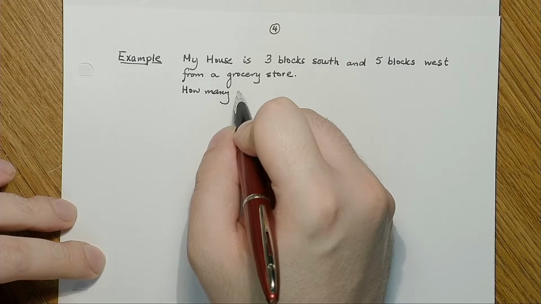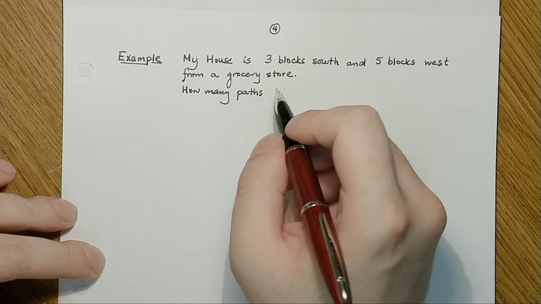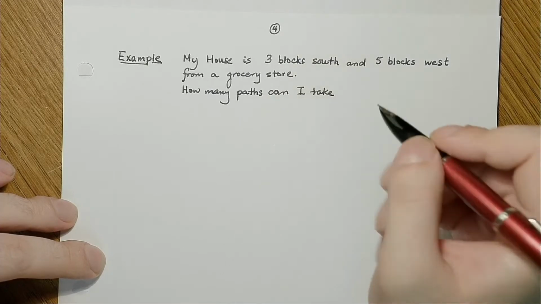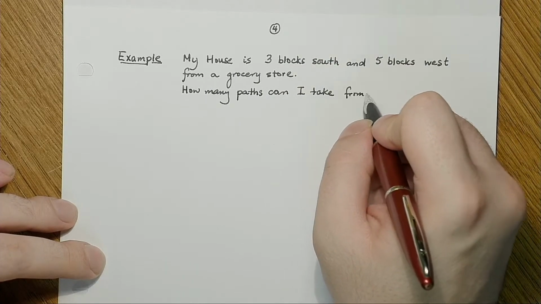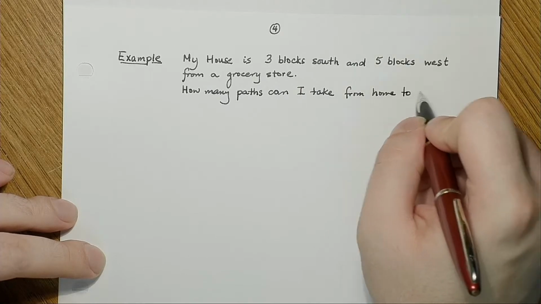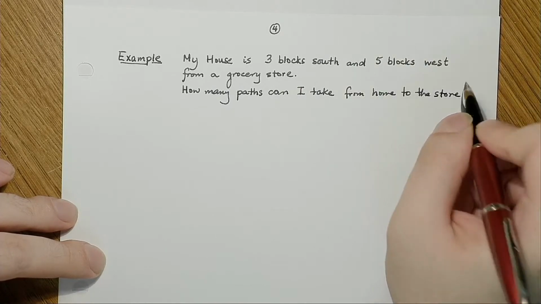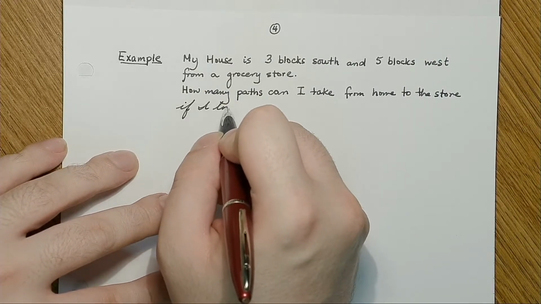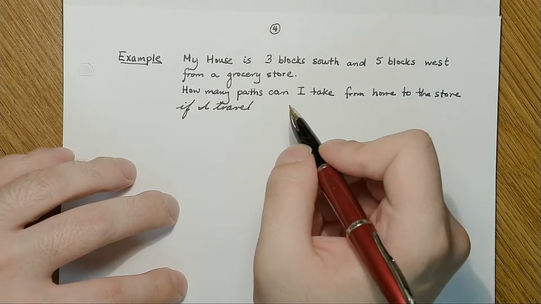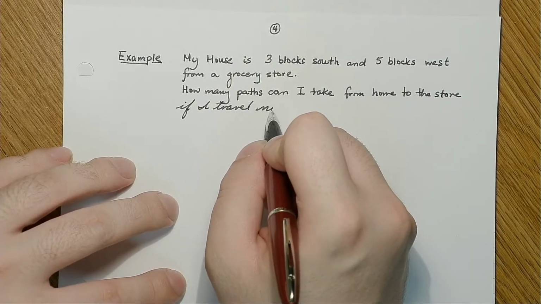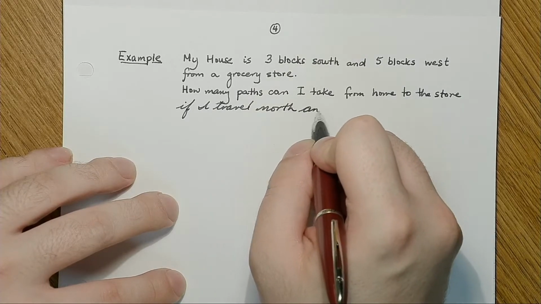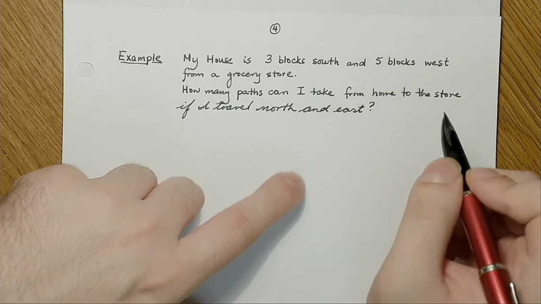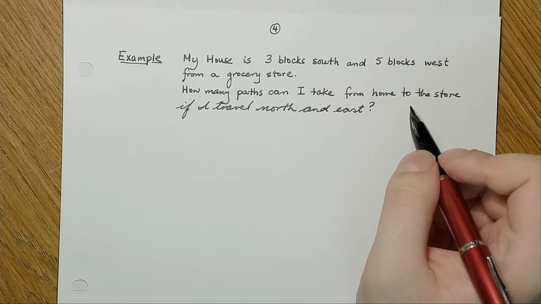How many paths can I take from home to the store if I only travel north and east?